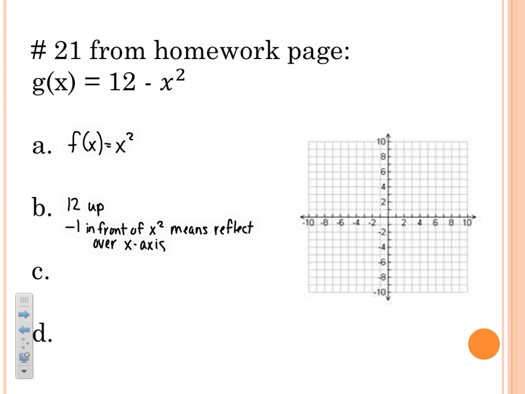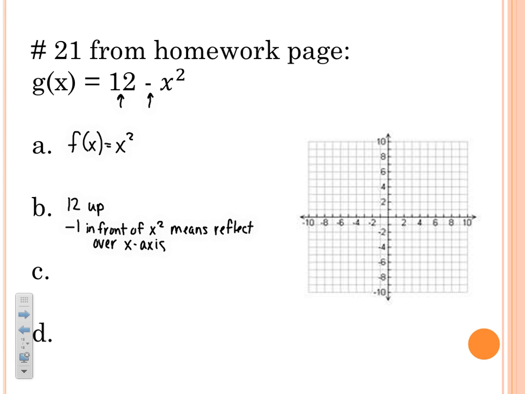Okay, so all of those things are on the previous slides for this video. So flick back if you have to and review those things. But I've got a negative in front of my parent function x squared, and I also have a plus 12 sitting there added on. So these two shifts are happening to my graph.